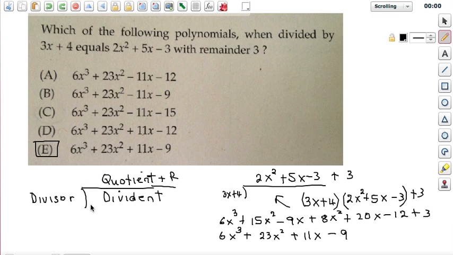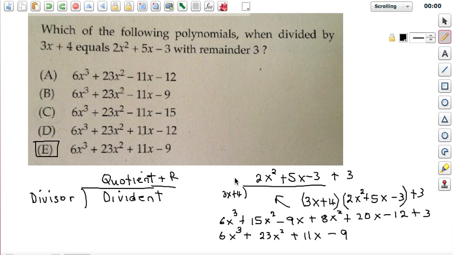Okay, you know that when you divide a dividend with a divisor, the answer is a quotient plus the remainder. So the question is asking which of the following polynomials, when divided, so you don't know what the polynomial is, and when it's divided by 3x plus 4, the quotient is 2x squared plus 5x minus 3 with a remainder 3.